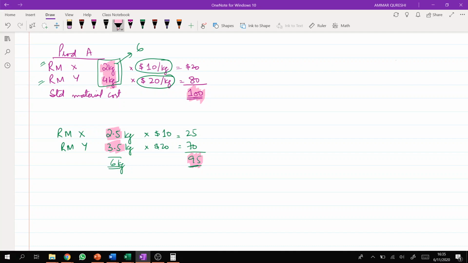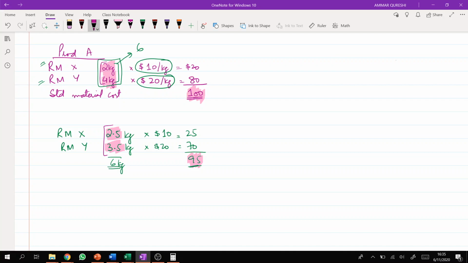Now this is basically the concept of mix variance. The standard is suggesting you to make an input in the proportion of 2:4, but you have changed the input of raw material. By changing the mix of raw material, there can be some saving in cost, or there can be some extra spending in cost.